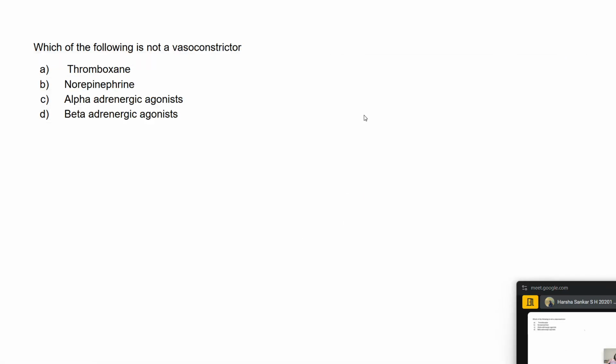Which of the following is not a vasoconstrictor? Option A, thromboxane. Option B, norepinephrine. Option C, alpha adrenergic agonist. Option D, beta adrenergic agonist. These are different groups of drugs. The question is which is not a vasoconstrictor.